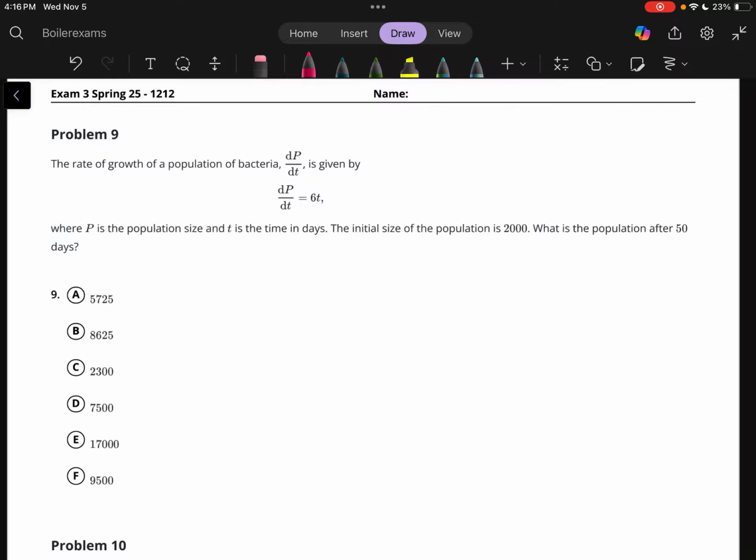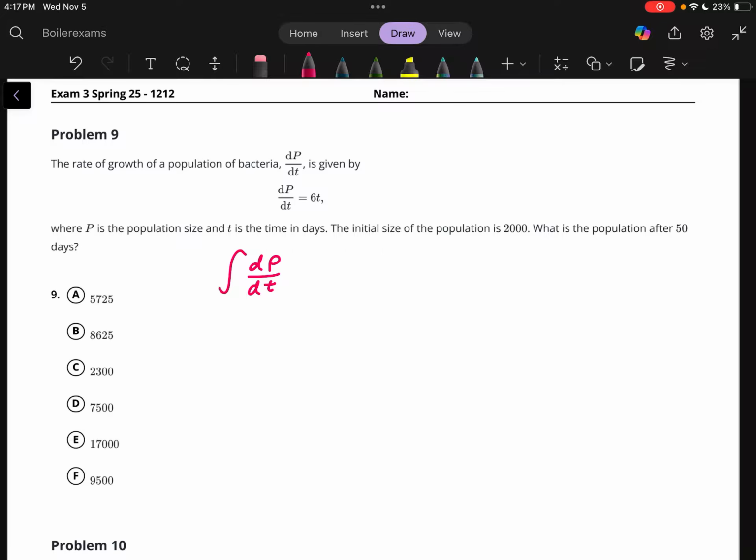So for this question, we're given dp/dt equals 6t, and the way to find p would be to take the integral. But taking the integral has a few additional things to consider.